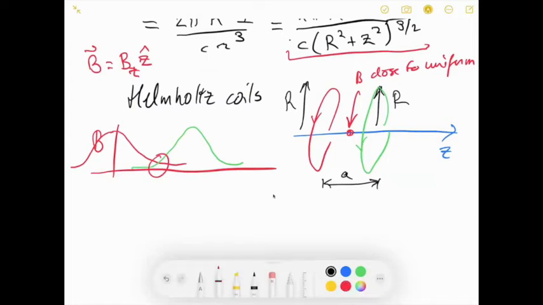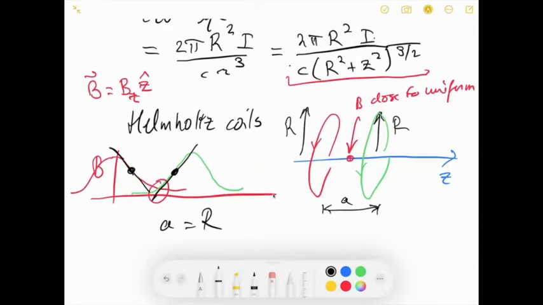So you get the highest uniformity if you make sure that this point of inflection, which is right here, and this point of inflection, which is right here, is exactly equal. And that is the case when A is R. And that is what the usual Helmholtz coil setup dictates. And you can find that point of inflection by taking the derivative of that expression with respect to Z, setting it to 0.